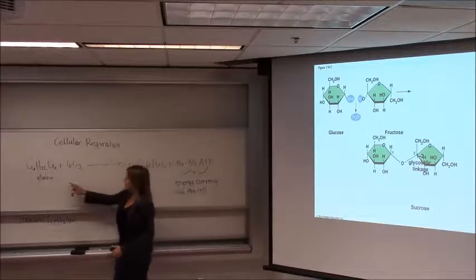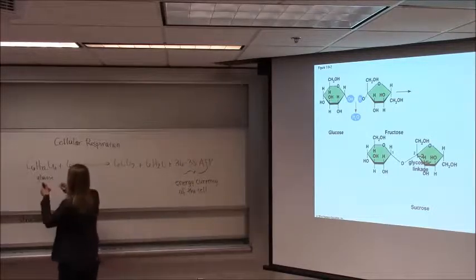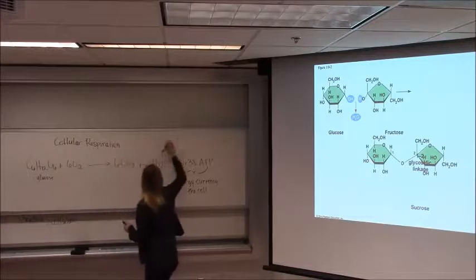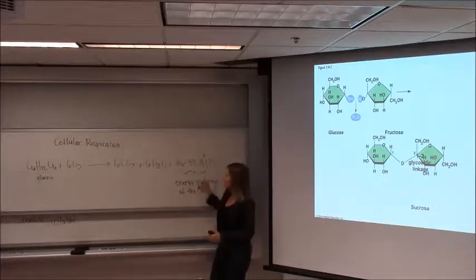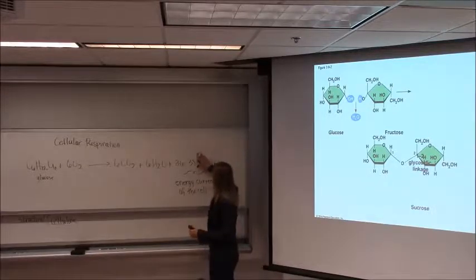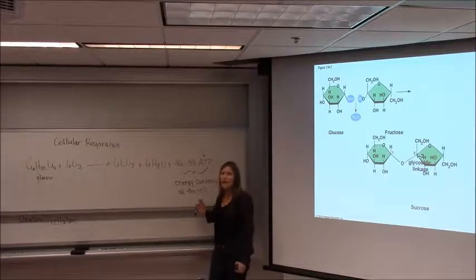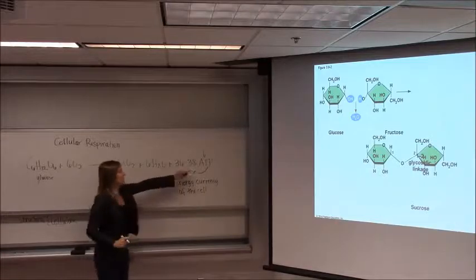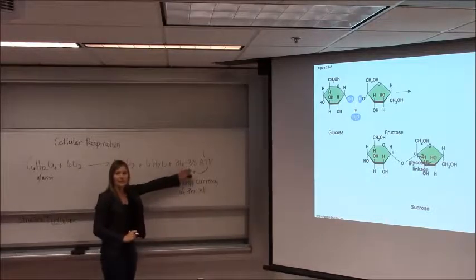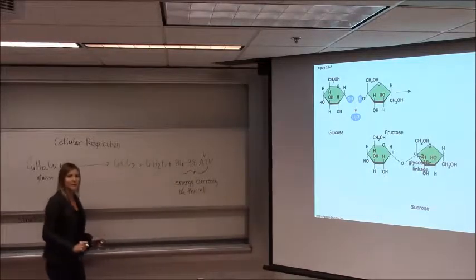But what this allows us to do is break the bonds of our food and store that energy that's released as ATP. Okay, so the energy released from the covalent bonds in your food is then used to drive chemical reactions in the cell. Again, you don't have to keep constantly eating because we produce ATP. This is how we're going to store the energy released when we break those covalent bonds.